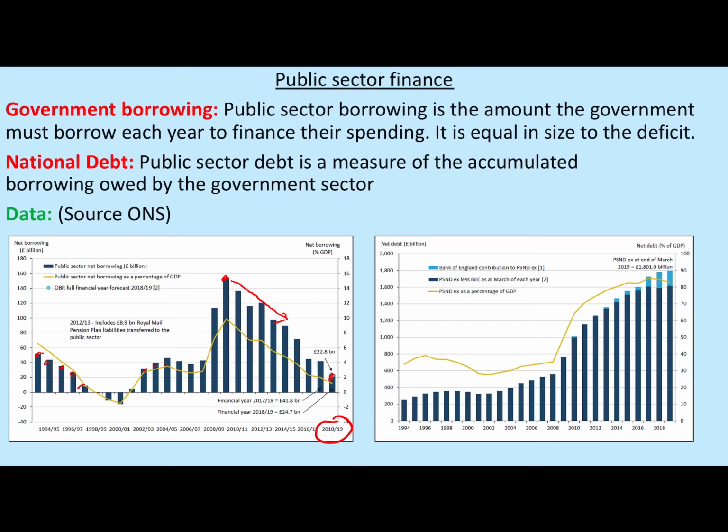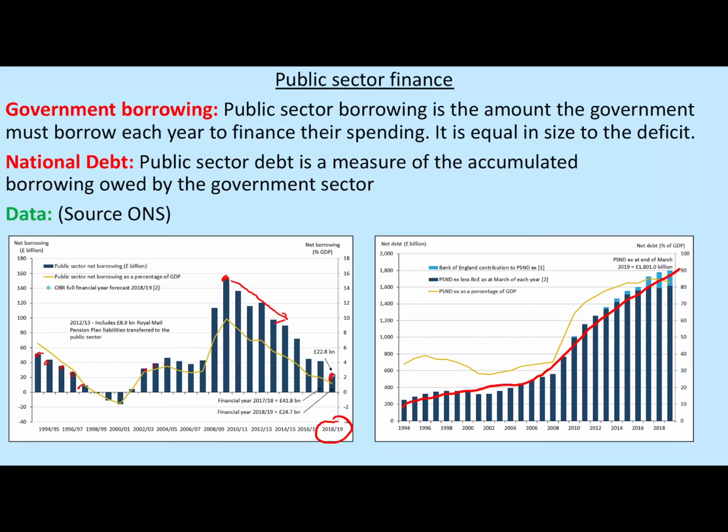National debt. Then national debt has steadily increased over this, and this is because we have been borrowing. Every year this is positive. Every year we have an amount borrowed, the national debt will increase.